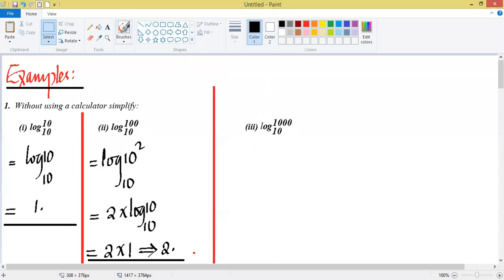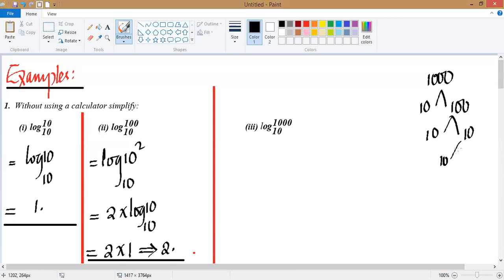So we use the rule to reduce 1,000 by 10. This side work helps you to confirm that 1,000 is the same as 10 to the power 3.